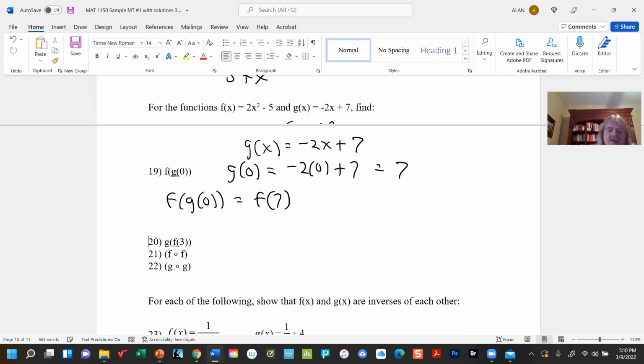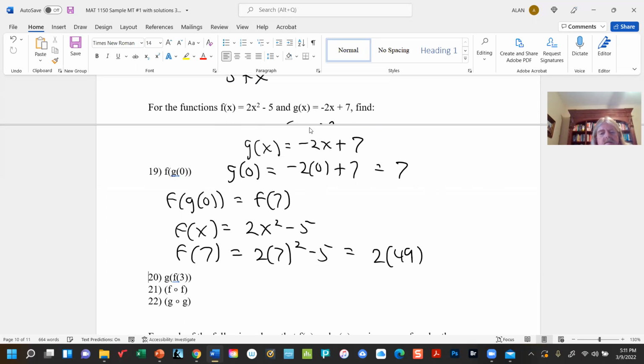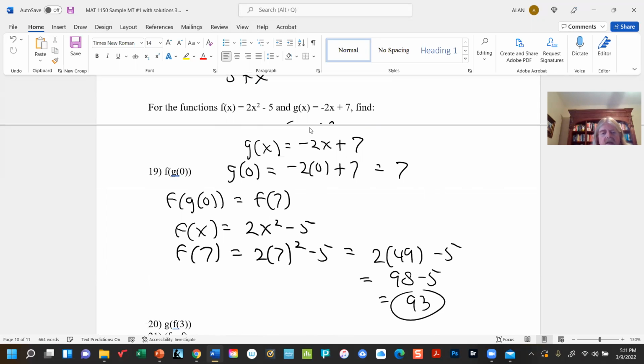All right, which is easy because then you take your f of x equals 2x squared minus 5 and just simply replace the x's with 7's. Okay, and that's going to give us 93.